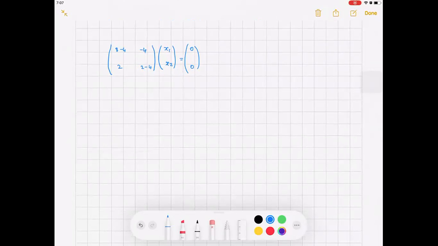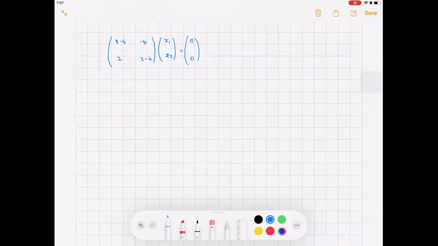So 8 minus 4 is 4, minus 4, 2 and minus 2, multiplied by x1 x2 equals 0 and 0.